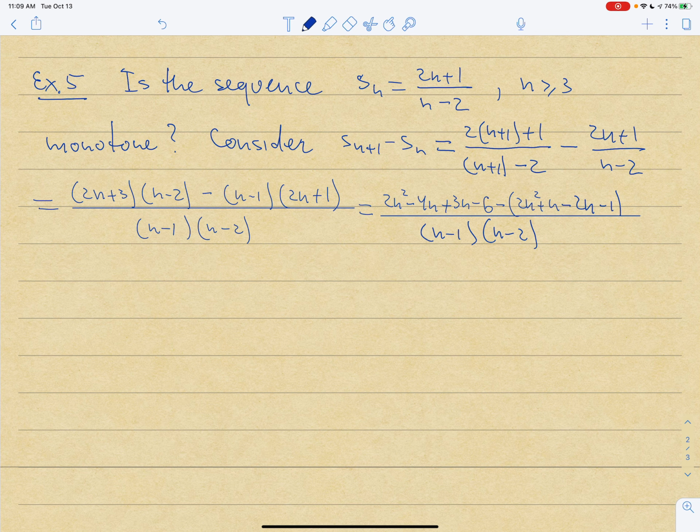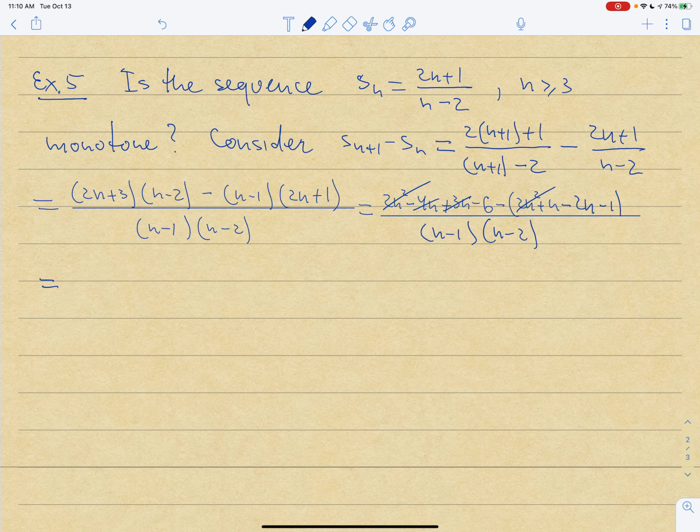And so if I look on the top, 2n² is gone. I have minus 4n plus 3n, minus n plus 2n. So minus n plus n. So that is also gone. So minus 4 plus 3 minus 1.